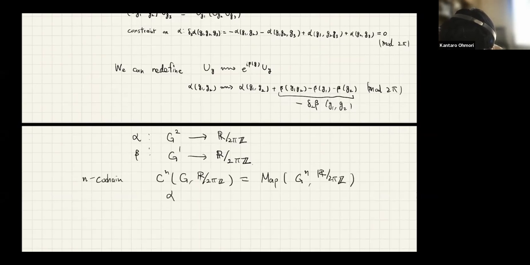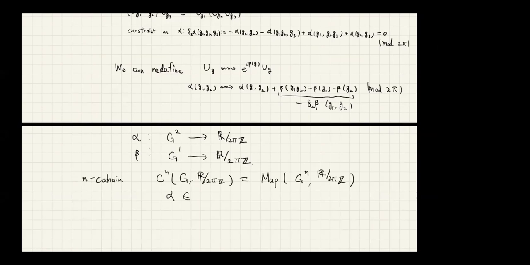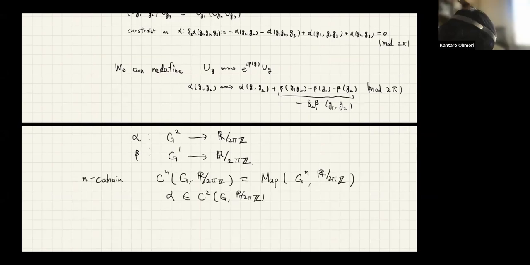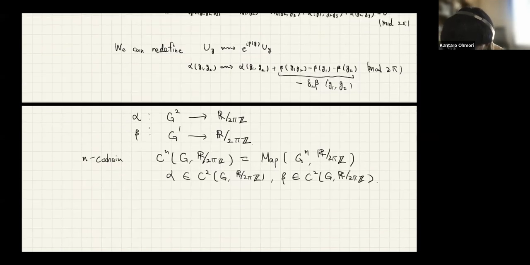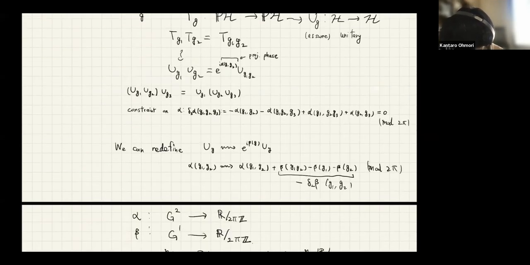Then alpha is a 2-cochain, I'm writing the same thing, and beta is a 1-cochain. Further, I define delta 3 and delta 2.